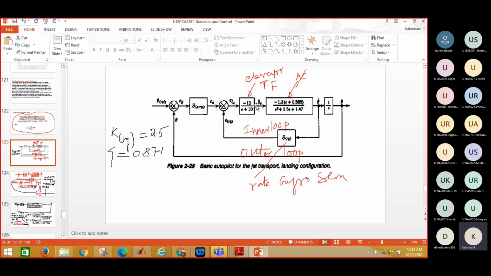So if the inner loop has higher damping, because the outer loop's closed loop poles tend to reduce the damping, that's why we select the inner loop with a higher damping. So if we select a damping ratio of 0.871, the rate gyro sensitive value is 2.5.